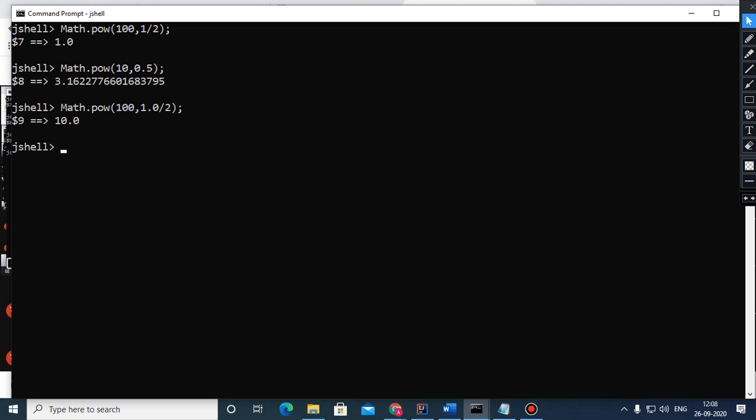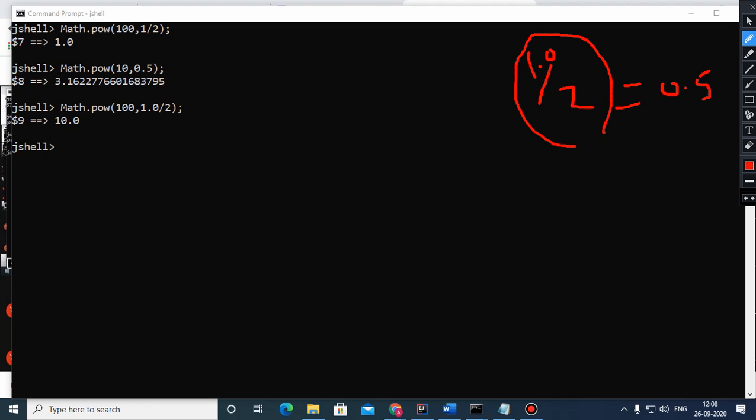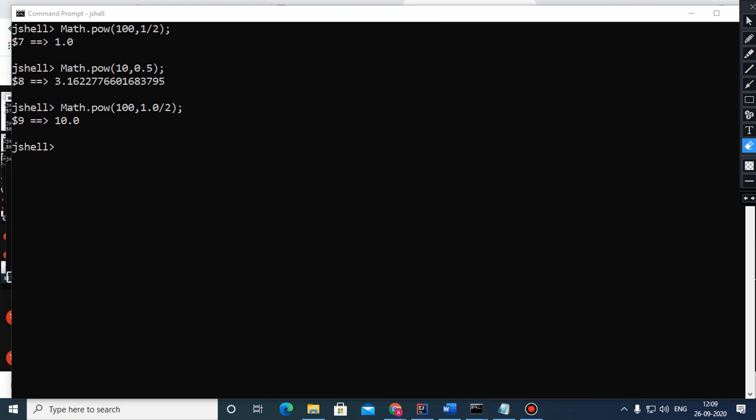If you write 1.0 by 2, then by default it is a double type, and if you solve this you will get 0.5, and any number raised to that power will return the square root of that. I hope you people have understood. Any number raised to the power 1 by 2. Any problem? Class 8th.